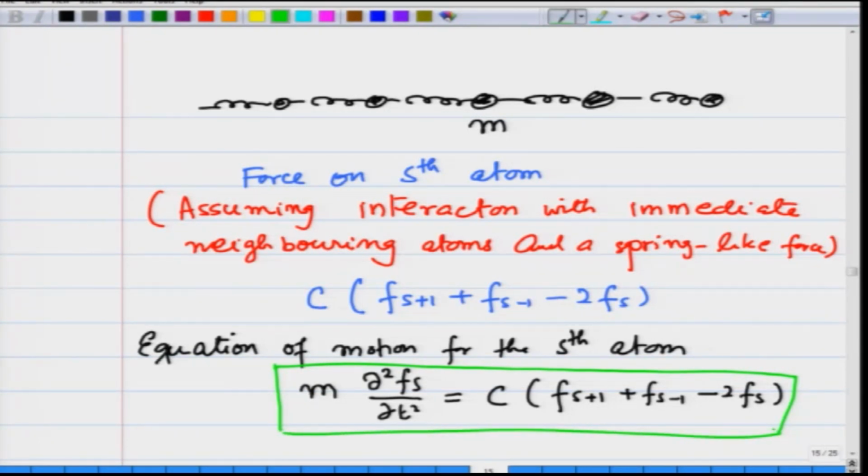And pause for a moment to give you time to go back to the previous lecture and see that when we took the wave equation for the continuous medium for a string or air or whatever and discretized it, just intuitively it gave us exactly the same equation. So, the equation of motion for this sth atom is this, which is the discretized form of the wave equation, right.